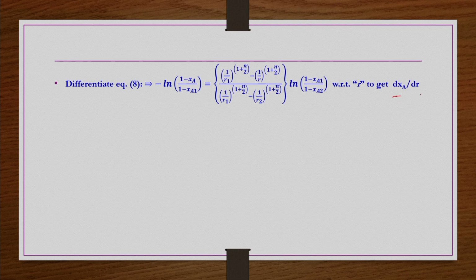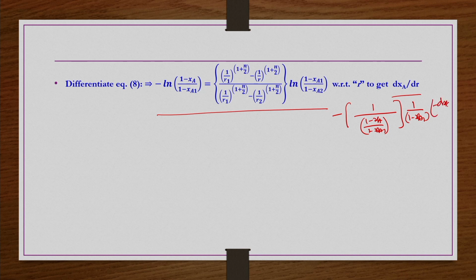So, for that, this equation whatever is there, we differentiate with respect to r. On the left hand side, we will be having minus 1 by ((1 - xA)/(1 - xA1)) multiplied by 1 by (1 - xA1) times minus dxA by dr. On the right hand side, this is constant, this is constant, this is constant, this is constant.